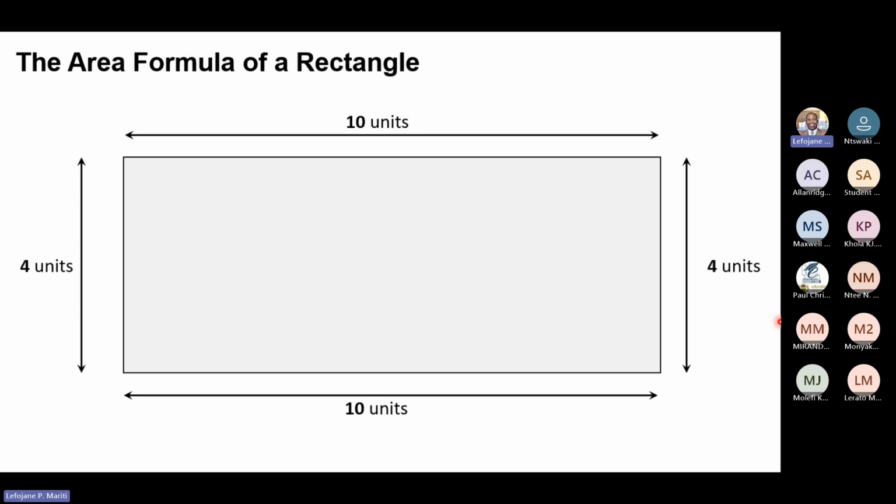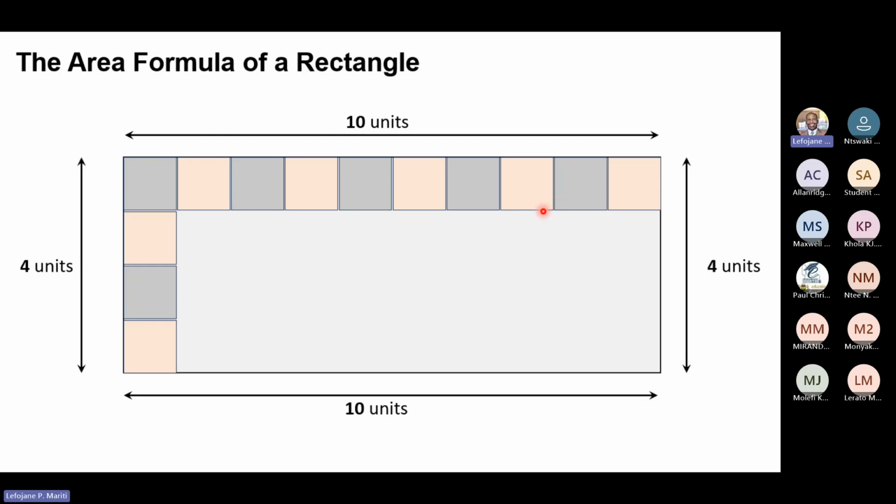So how does this help us? It means for us to be able to calculate the area, practically, because the one side is 4 units, then you're thinking of 4 squares that can cover this side. And because the other side is 10, then think of dividing that into 10 of the same squares.